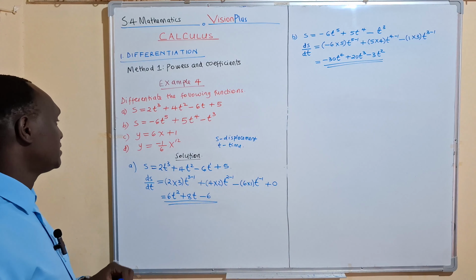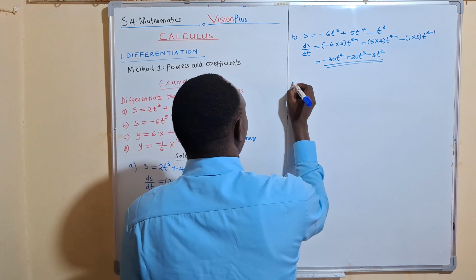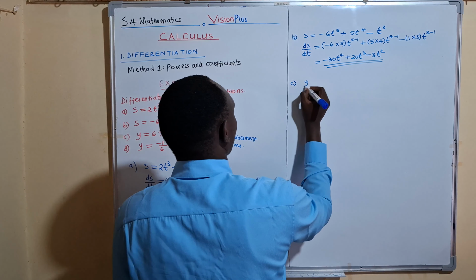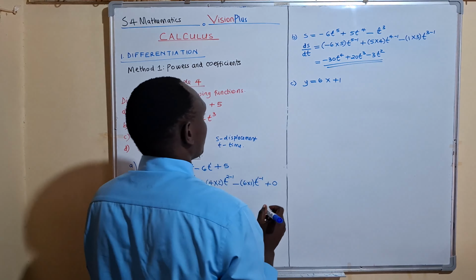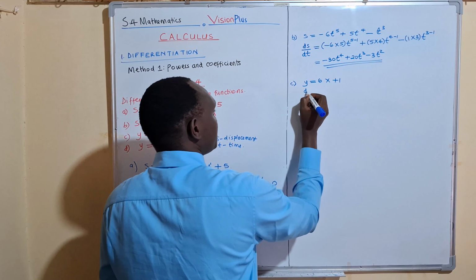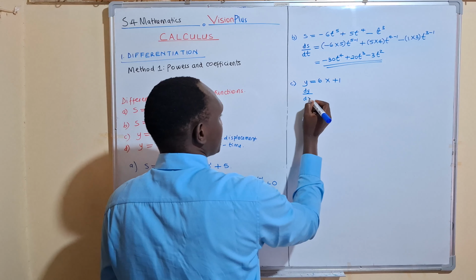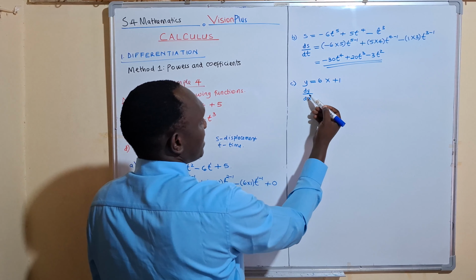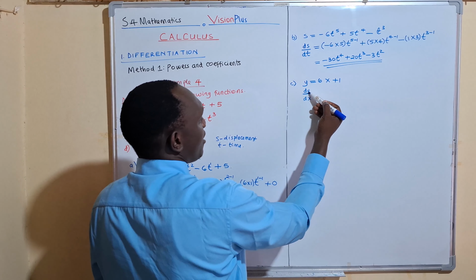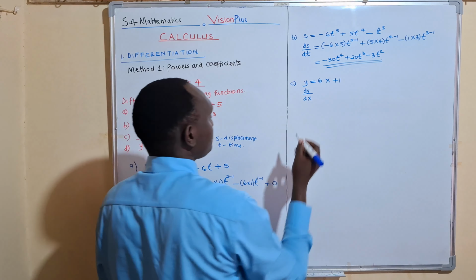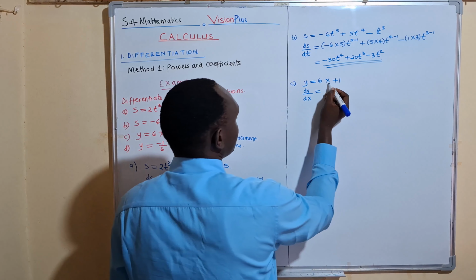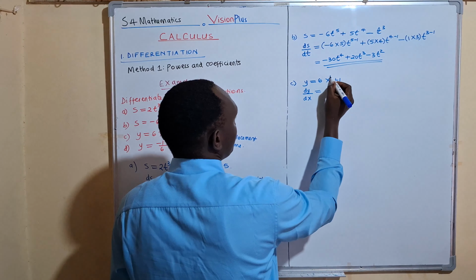And in the same sense, we shall solve part C given by y equals 6x plus 1. So we shall say differentiating y with respect to x. This is the rate of change of y with respect to x. When we differentiate 6x, remember this one has a power of 1.